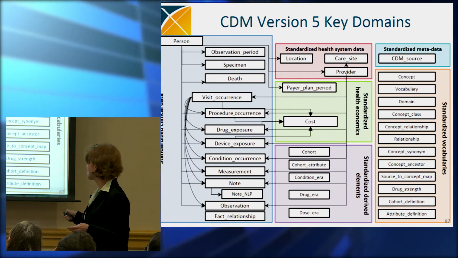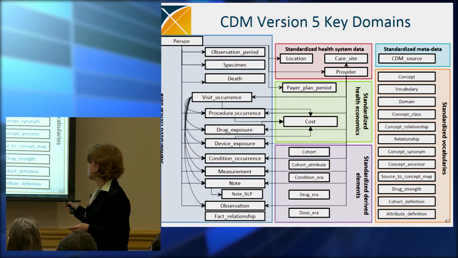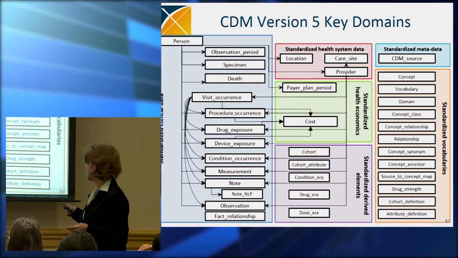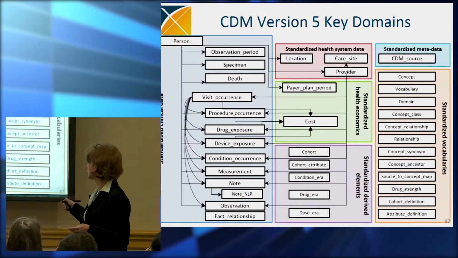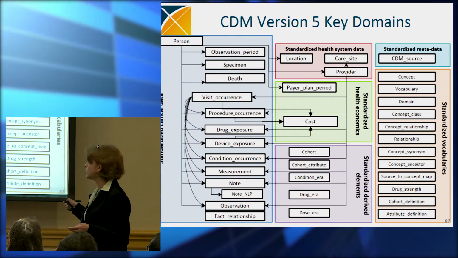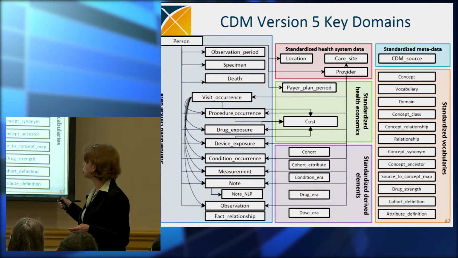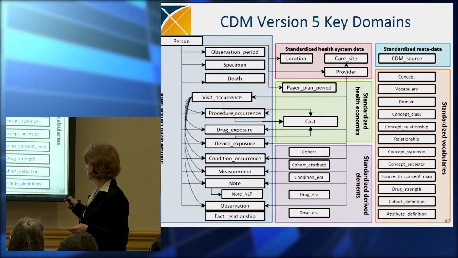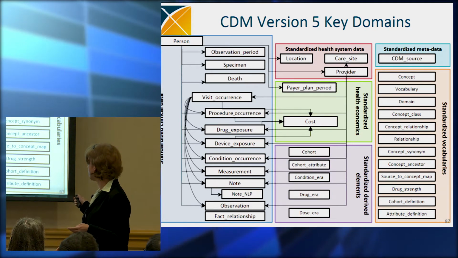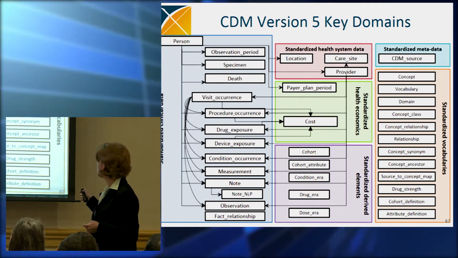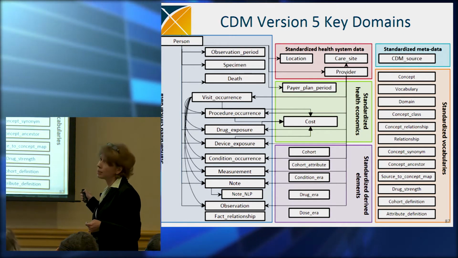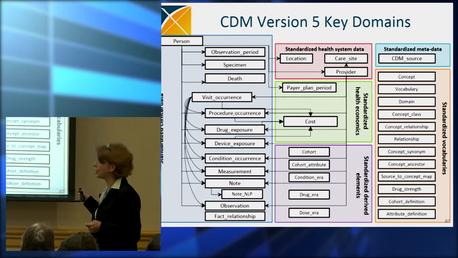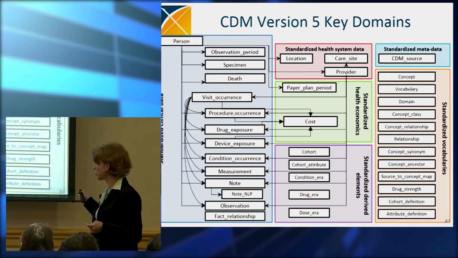There are also tables representing standardized health economics, and standardized health system data represents essentially lookup information for location, care site and provider. There is also one lonely table here which represents the metadata description, the source where the data came from, and it's going to grow.